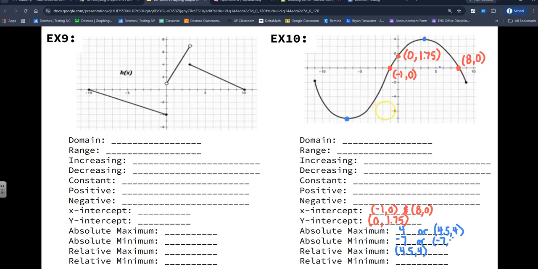And since that is an absolute minimum, it is also a relative minimum there. Do we have any other relative maximum or minimums for this graph that aren't the absolutes? We don't have any other like little dips, right? So that would be all we would have for this problem.